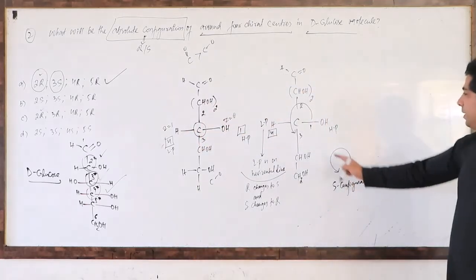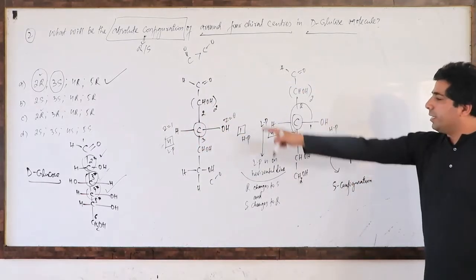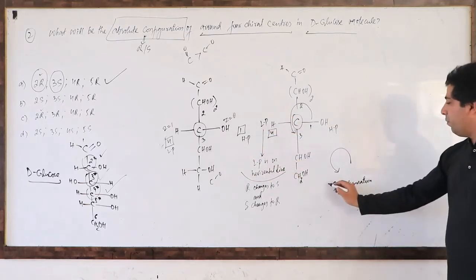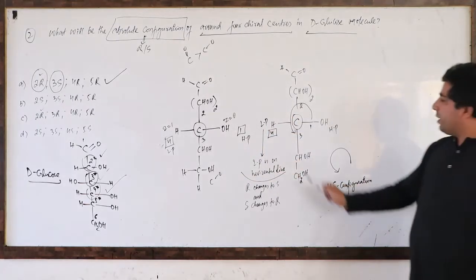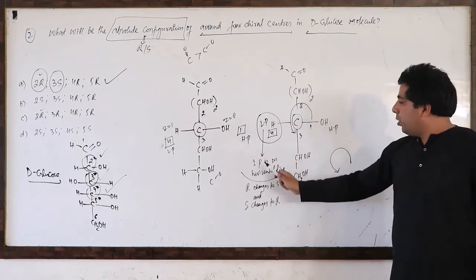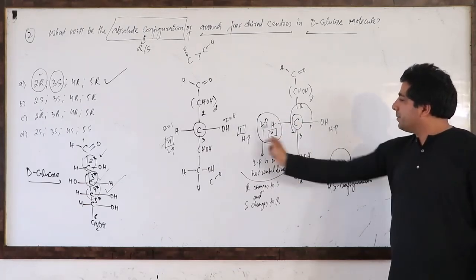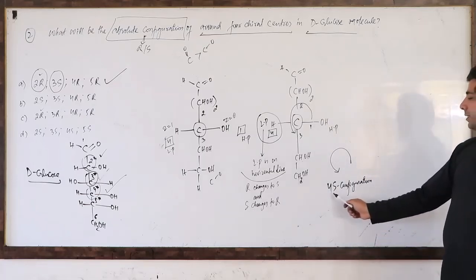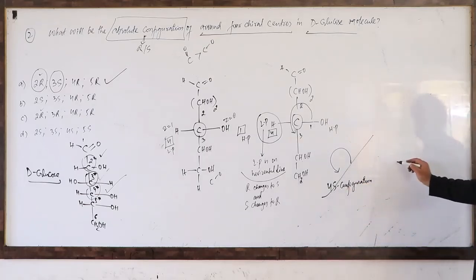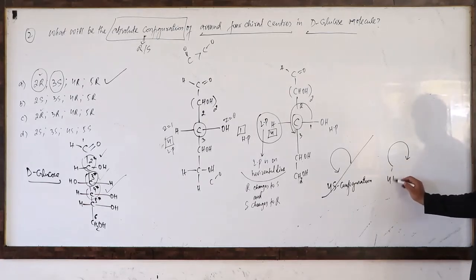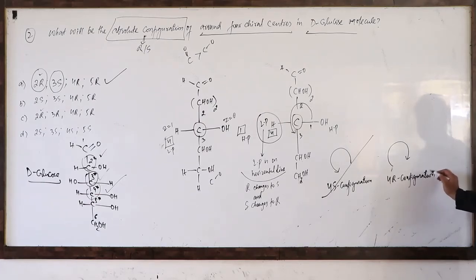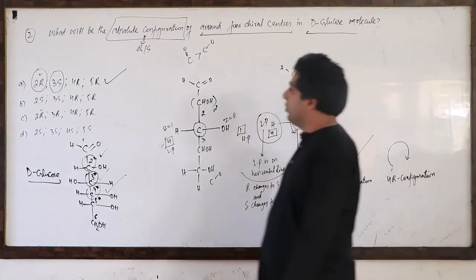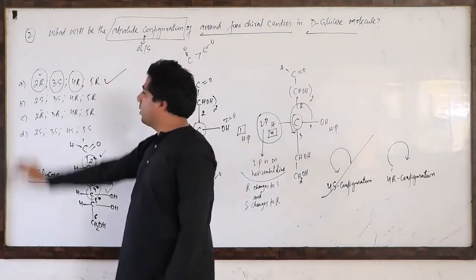That means this carbon is basically the fourth carbon in that structure. So it will become 4S. But we know that when the lowest priority is on the horizontal line like this, R changes to S and S changes to R. What did we get here? S. So S will change to R. So you will get here 4R configuration, because the lowest priority is on the horizontal line.